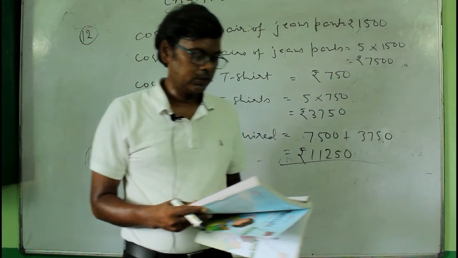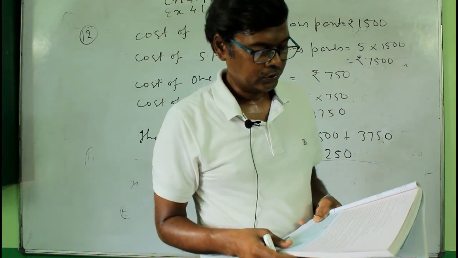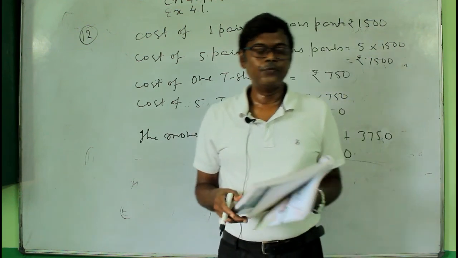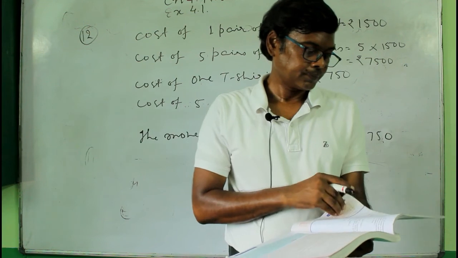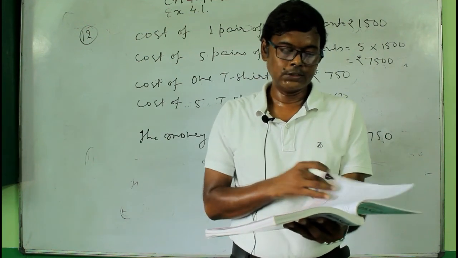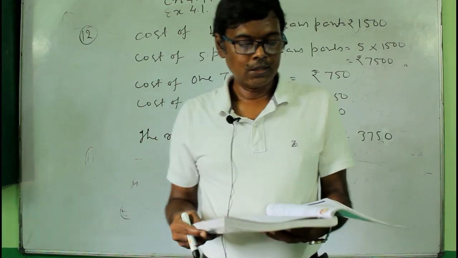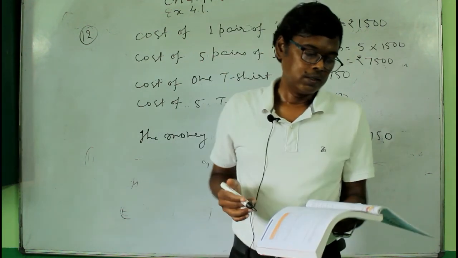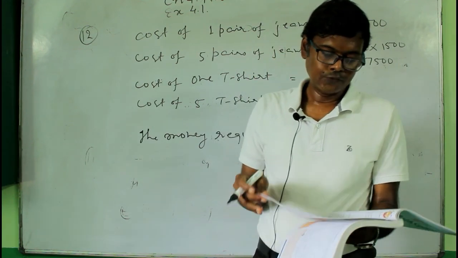Okay. So here I did many questions and I left many questions also. The questions which I left are your homework. Okay. So this chapter is finished, and you will do your homework properly, and you will learn the properties. You must learn the properties of addition and the properties of multiplication.